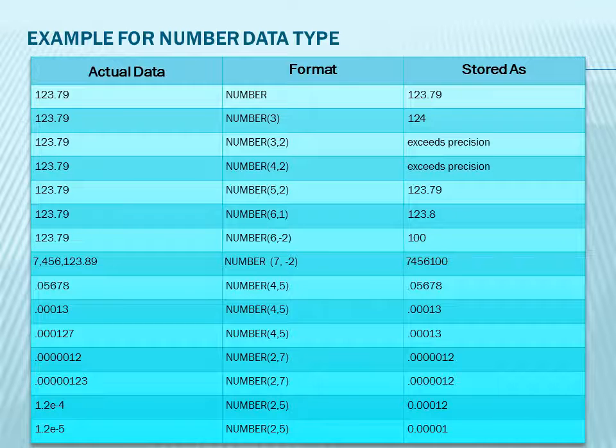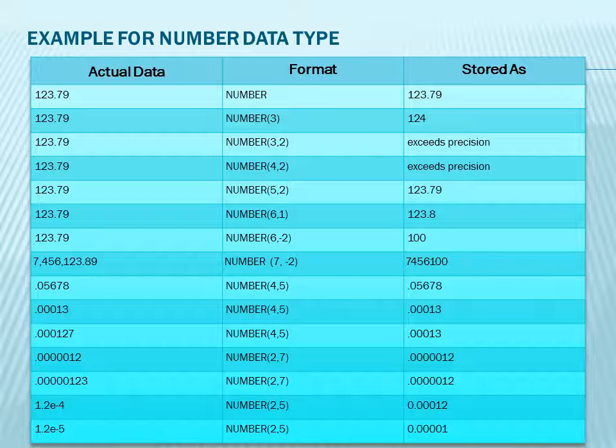In the third, you can see the same data, 123.79. The format we are storing is number of 3, 2. The 3 is the p, that is precision, and 2 is scale. But it will show an error, exceeding precision.